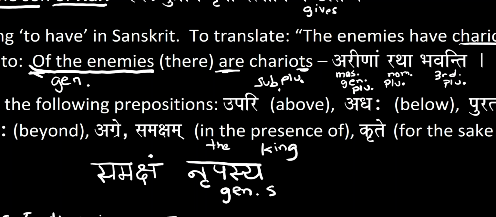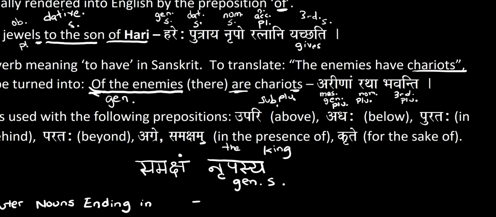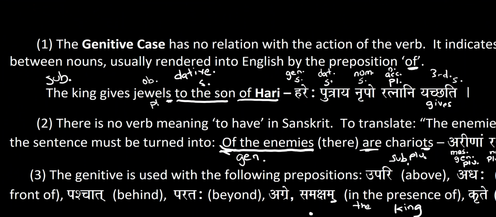The reason why it is declined to the genitive case is because samaksham is a preposition that governs the genitive case. The reason why this ma turned into an anuswar is because you have a word following it, and the sandhi rule says that this half ma turns into the anuswar when the word is in the middle of the sentence. So here are all the examples and all the scenarios to use the genitive case.